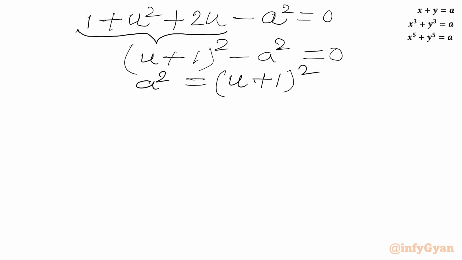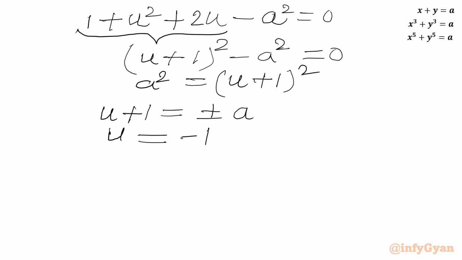Now we will take square root both sides, or we can calculate the value of u. So we will be writing u plus 1. This would be equal to plus minus a. So we can subtract 1 from both the sides and get the value of u in terms of a.